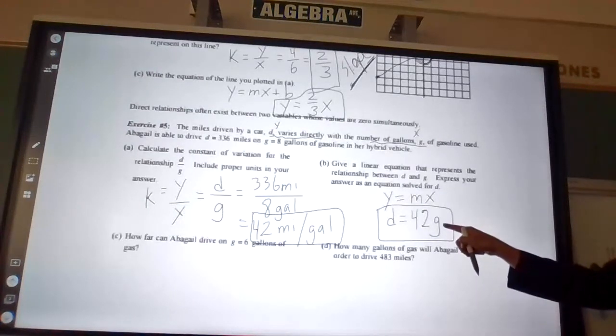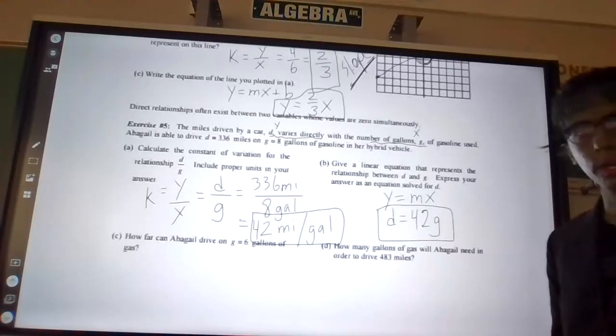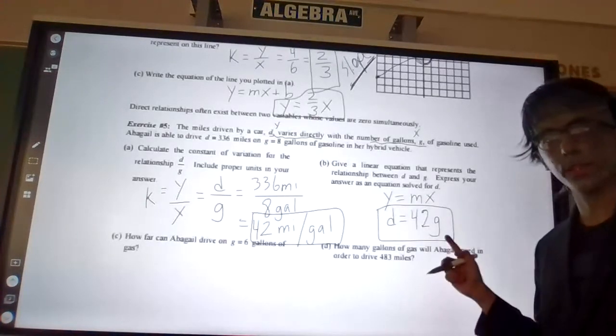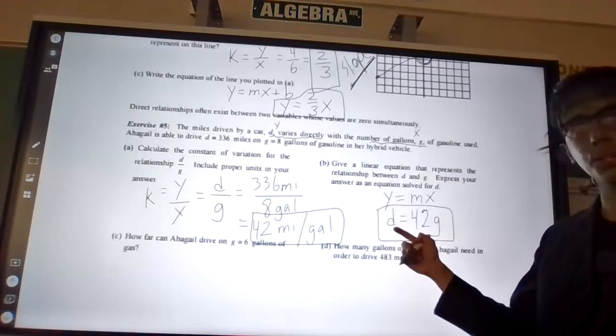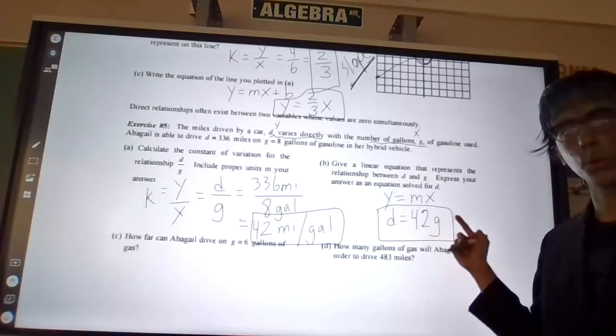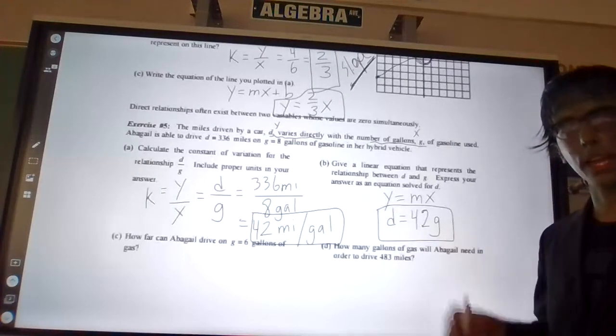That means for every 1 gallon, she's able to go 42 miles. That's exactly what this is showing. And her distance traveled, the number of miles she can go, depends directly on how many gallons she has.